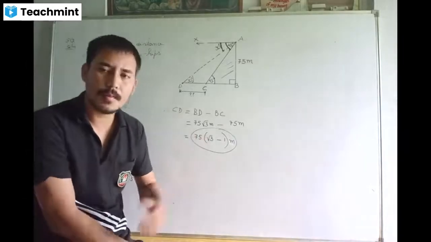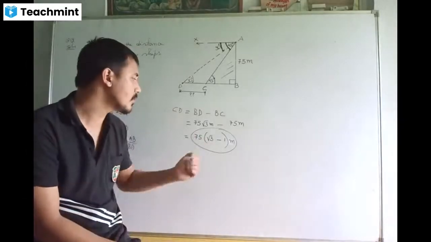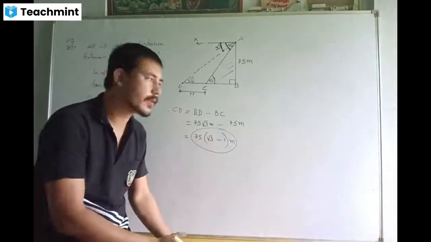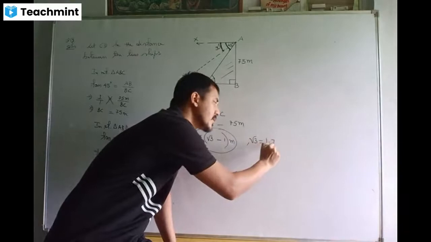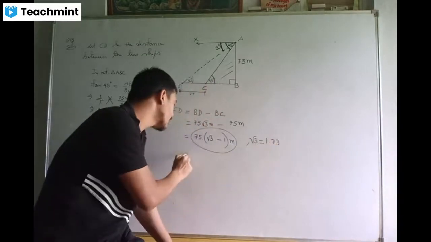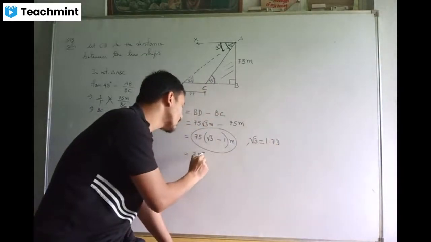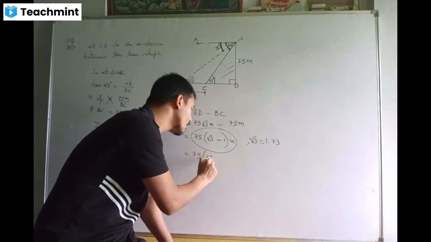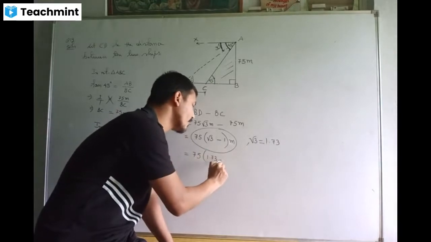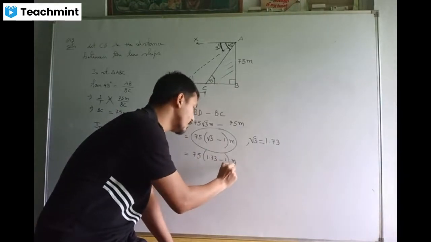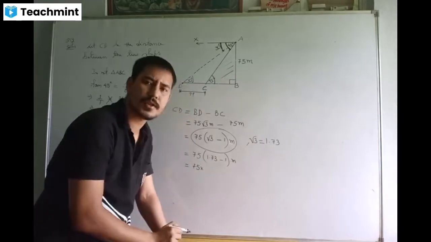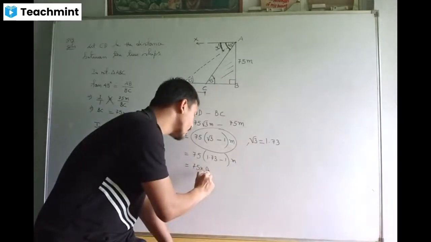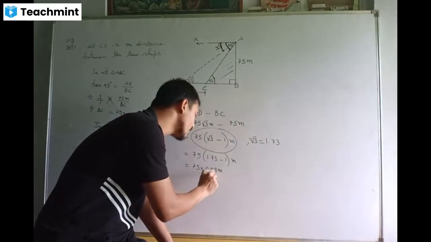Suppose you want to get a more precise answer, then you need to substitute the value of square root of 3 as 1.73. Then in that case, 75 times square root of 3 minus 1 means 75 times 1.73 minus 1, which is 0.73 meters.